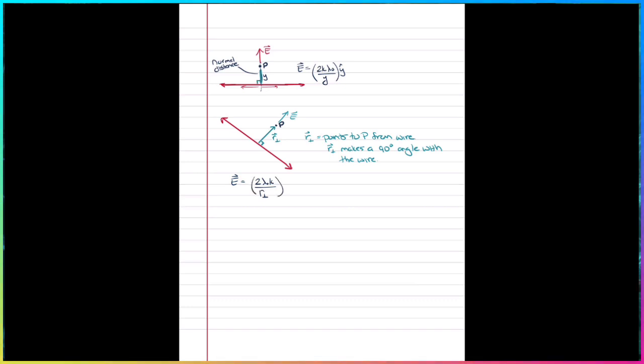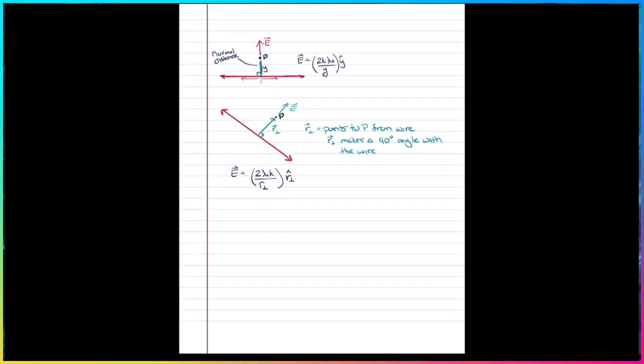And then this is in that direction, the direction that points away from the wire. All right, so that might be the general way we write this.